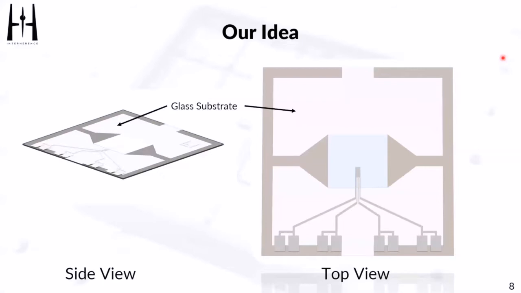And our solution, or our idea, is we have a glass substrate, which is basically a conventional glass cover slide, which you also use for high resolution microscopy, with a thickness of 170 micron, which is quite common in this type of microscopy.